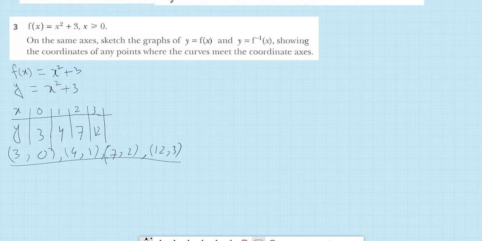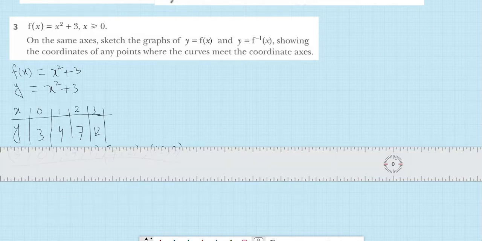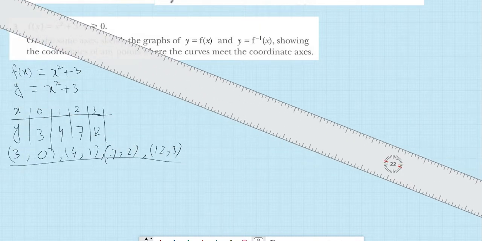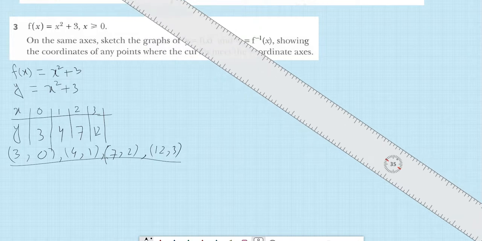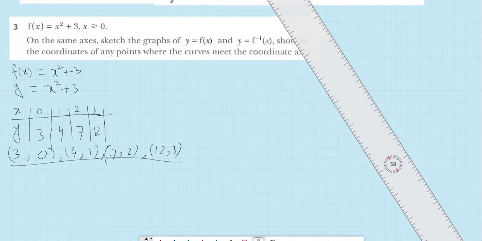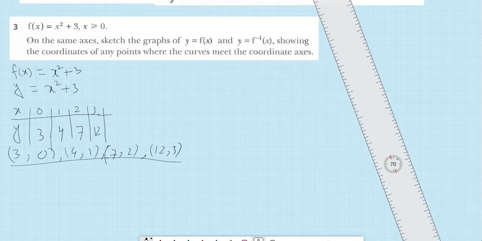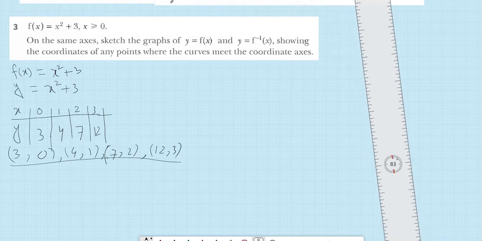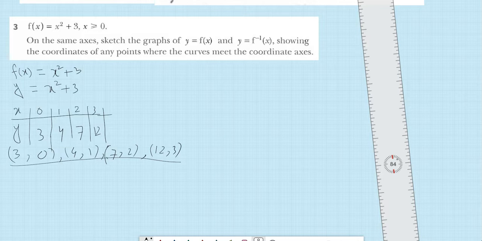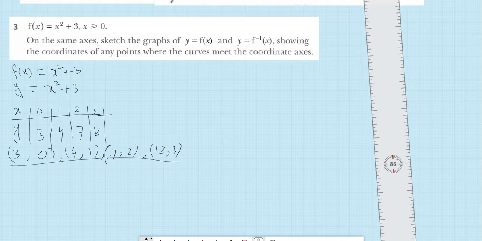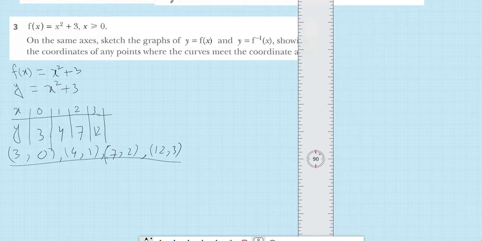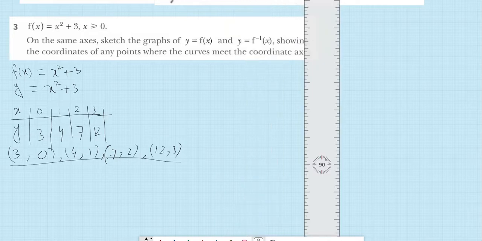The problem is the x-axis points. I took 2 squares on the x-axis, sorry, 1 square on the x-axis and 2 squares on the y-axis. Therefore, the mistake.